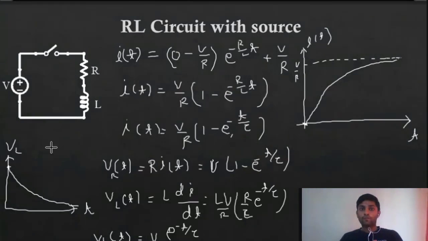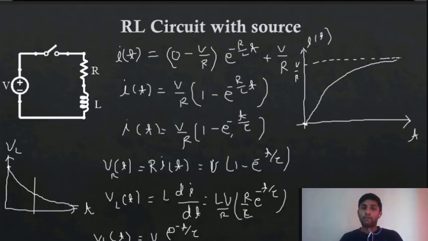The total voltage remains the same, as you all know, because there is a source. At any time you can calculate the total voltage and you will find that VR plus VL is always equal to V. You can observe this from these two graphs as well.